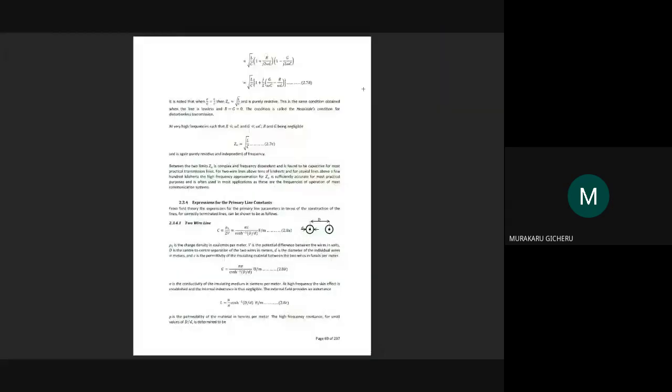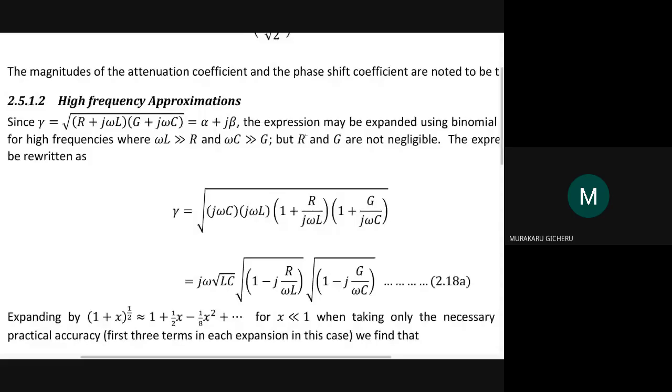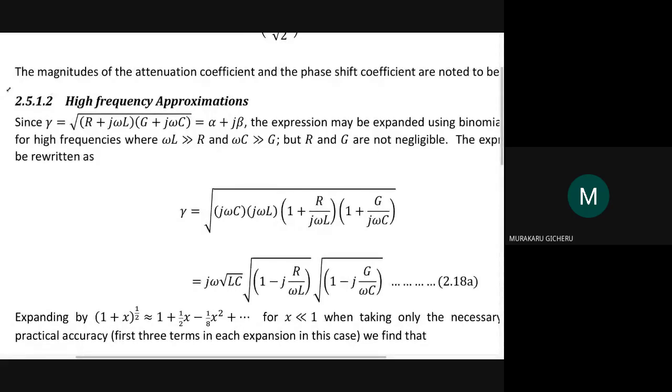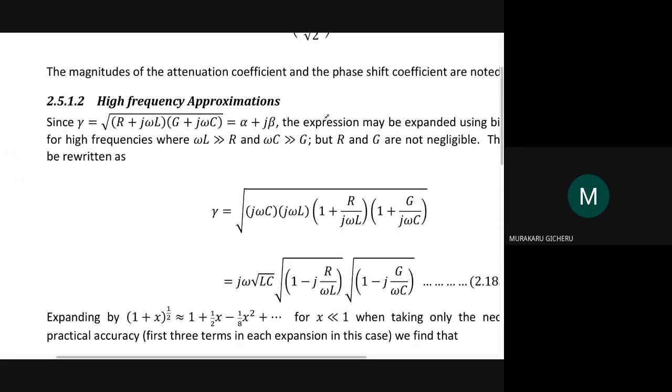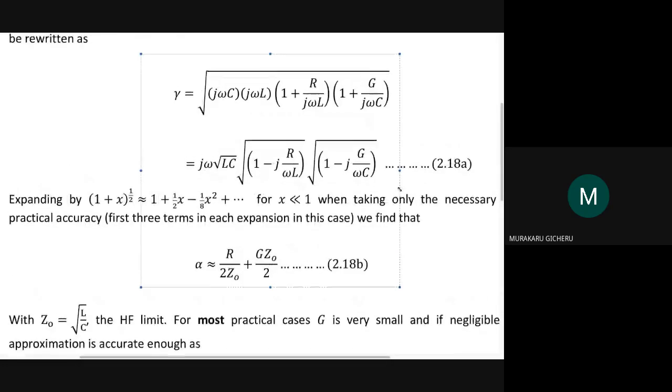If I go back to these notes and go to this attenuation, here, you use a high frequency approximation, mostly because G is equal to 0.